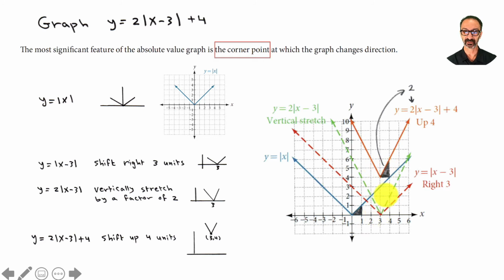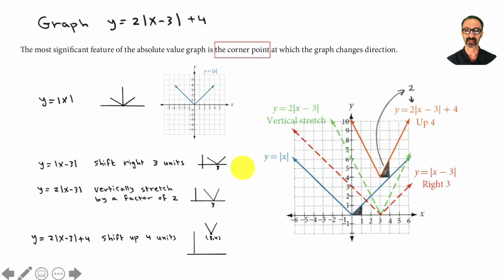So I graphed it up there, because this is going to stay the same opening between the green and the orange one. So that is the 2 that showed up. It's like the slope. If the first one was a slope of 1, this has a slope of 2 or a scale of 2. Okay, that's it for this one.